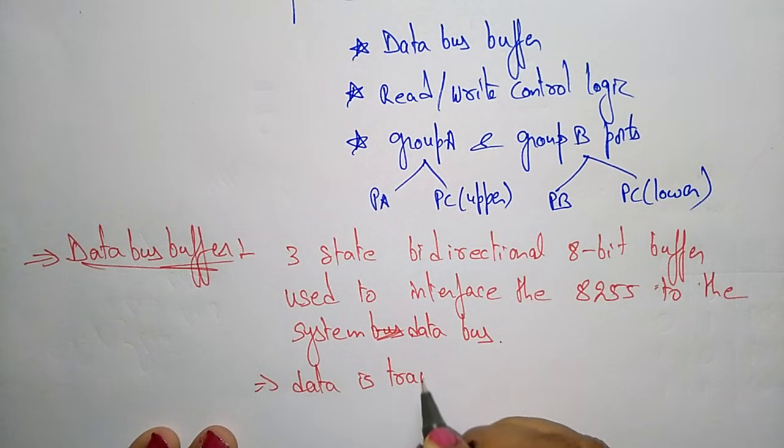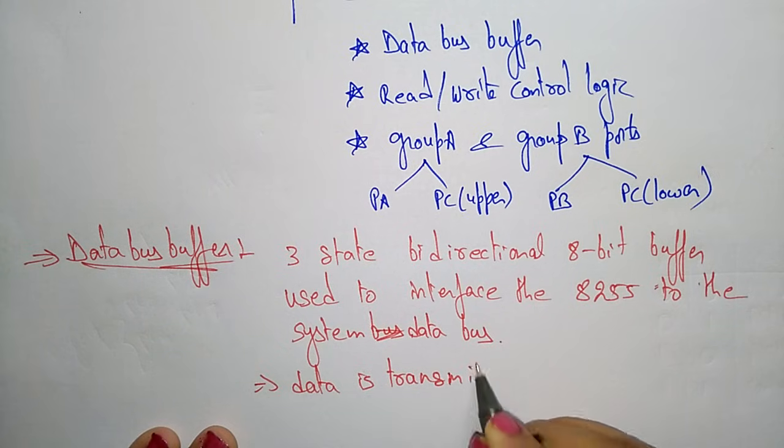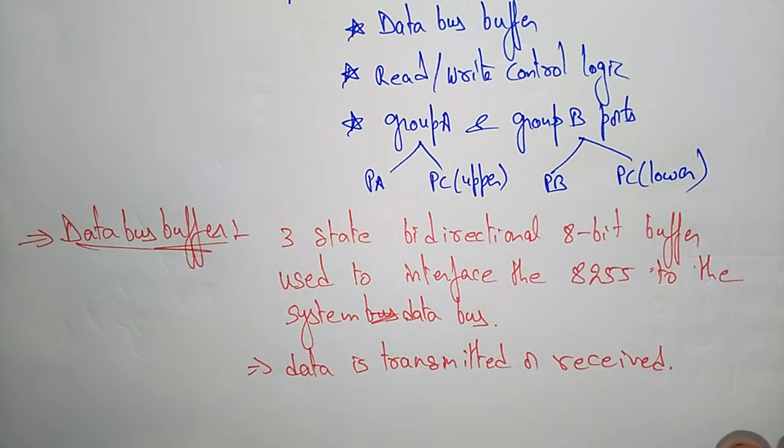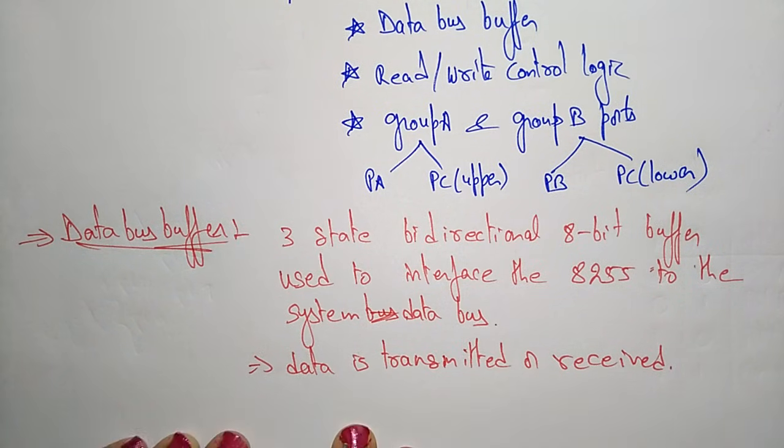The data is transmitted or received based on the execution of the input or output instruction given by the CPU. And here the control word and status information are also transferred through the data bus buffer.